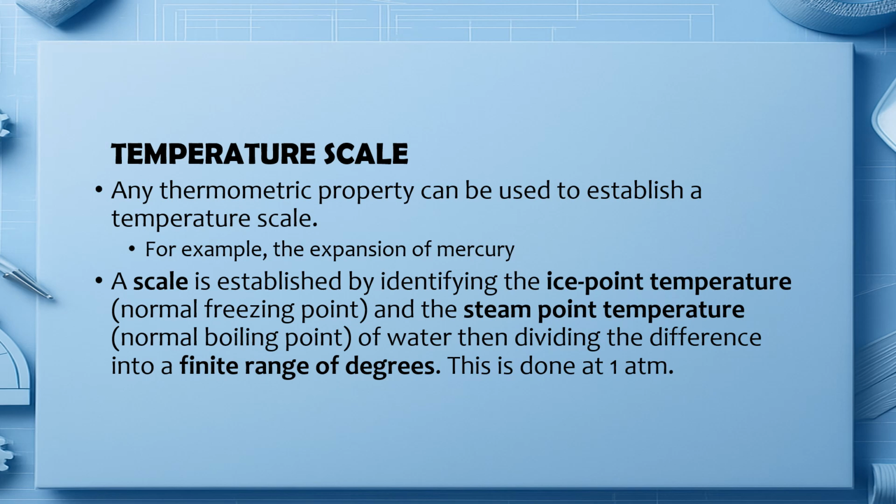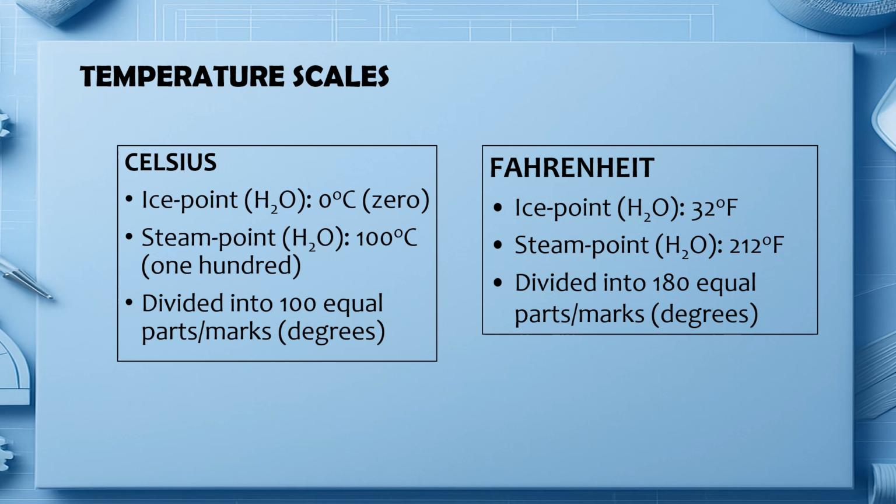This is done at 1 atmospheric pressure. So these are the temperature scales in Celsius and Fahrenheit. I will not be discussing how to convert Celsius to Fahrenheit because we have that in your calculator.